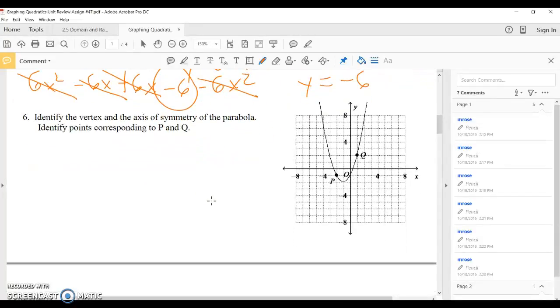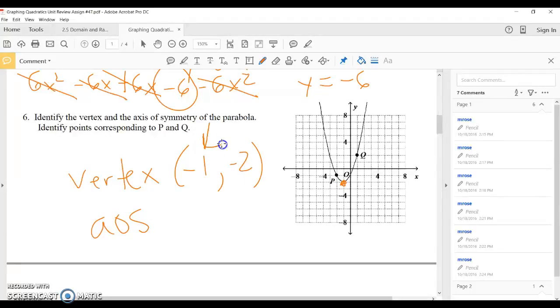Next things, identify the vertex and axis of symmetry. Vertex, lowest point. So it looks like it's over 1 and down 2, so vertex, negative 1, comma, negative 2. Axis of symmetry. It's the x value.